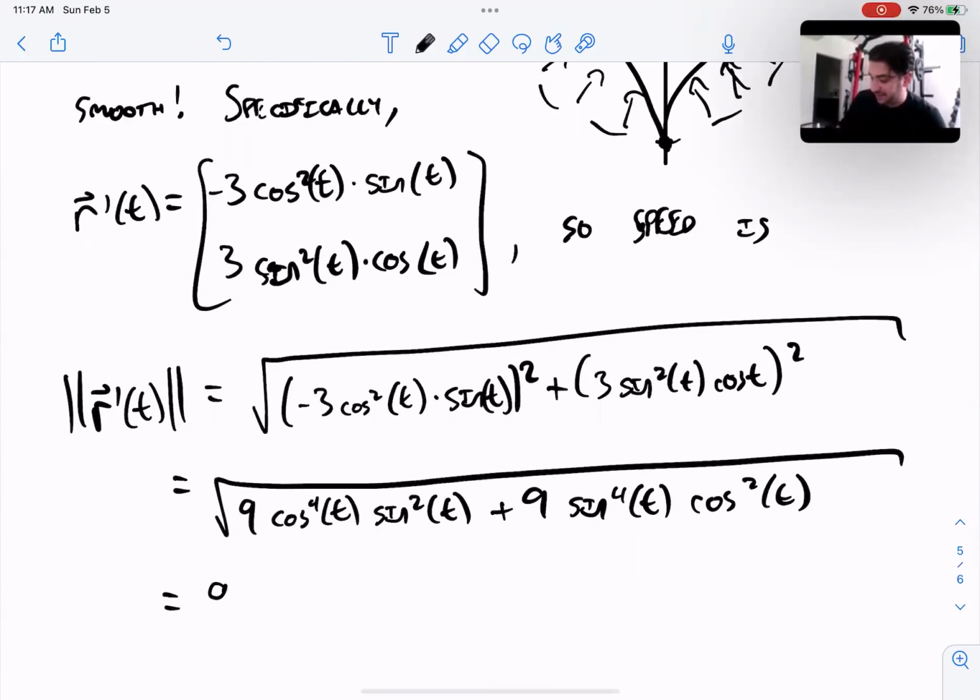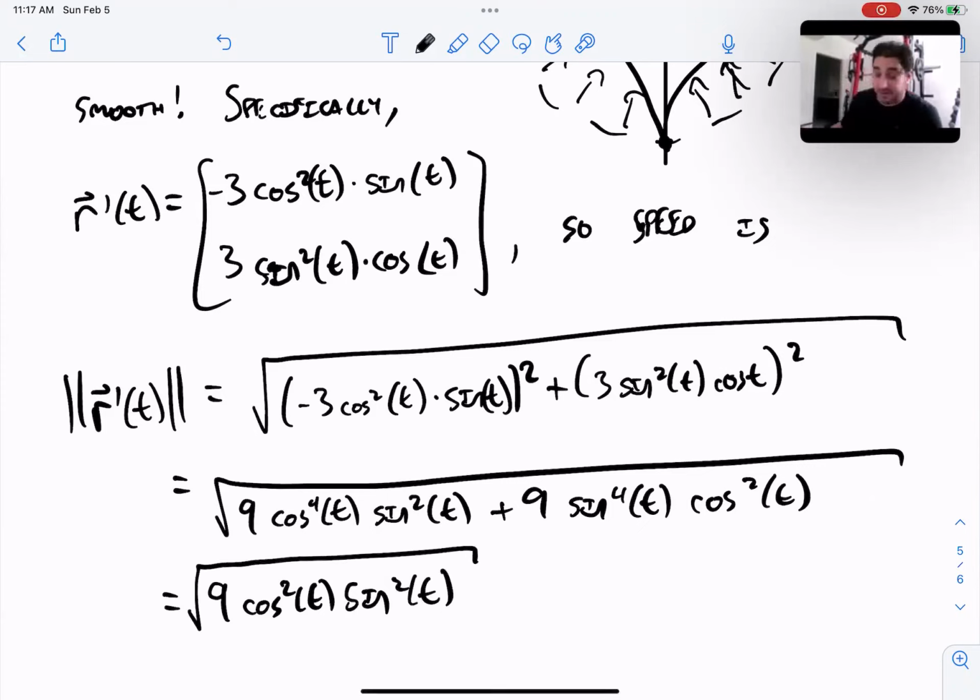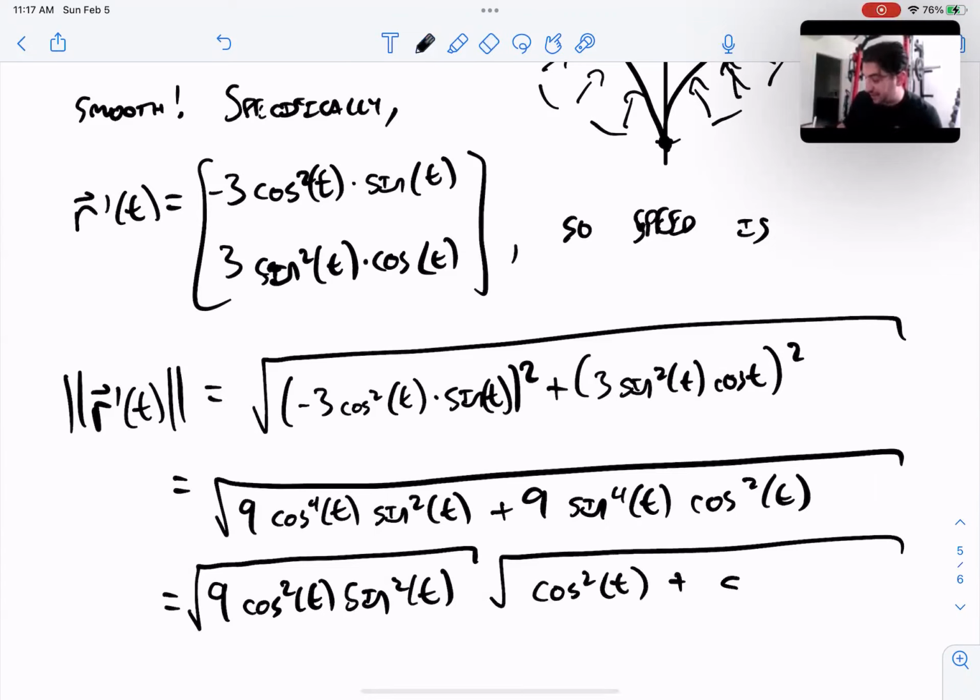Fortunately, these terms have a massive greatest common factor. 9 cosine squared sine squared factors out of each of these. And when I do that, the first term, the only thing that remains is a cosine squared. I factored everything else out. And on the second term, the only thing that remains is a sine squared.